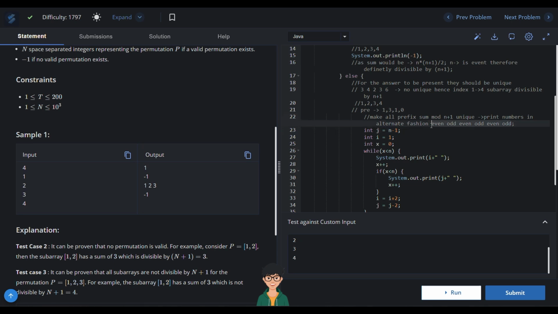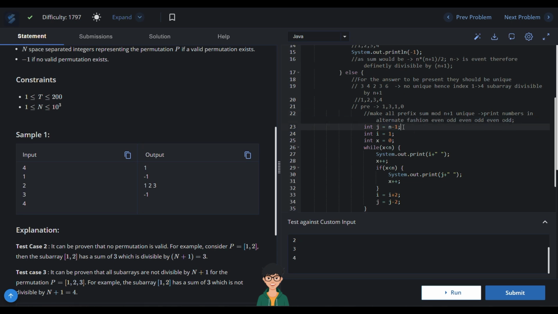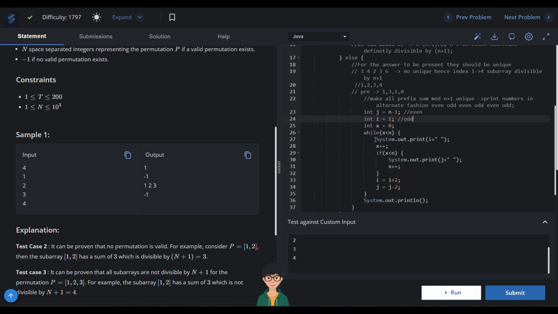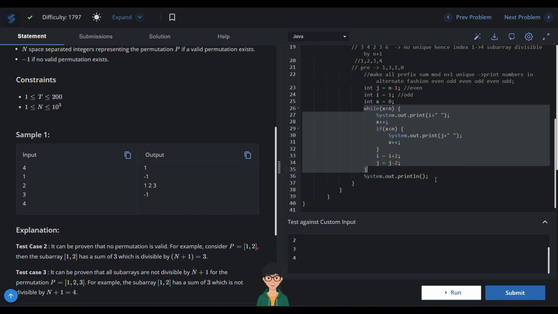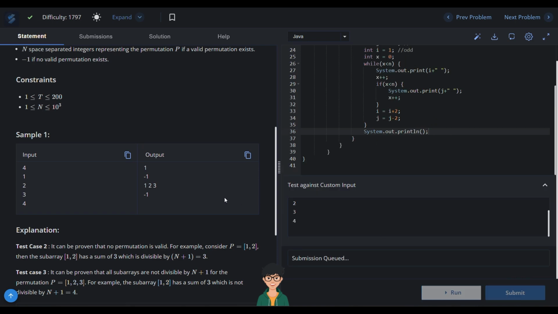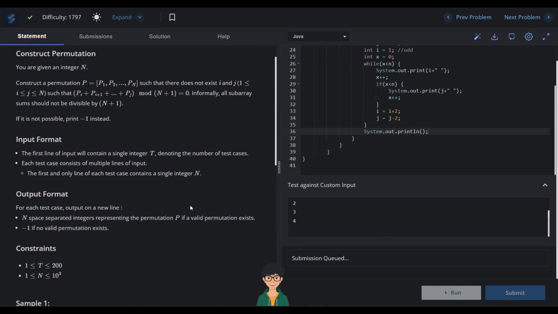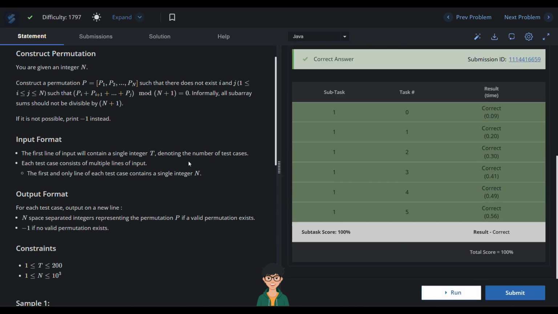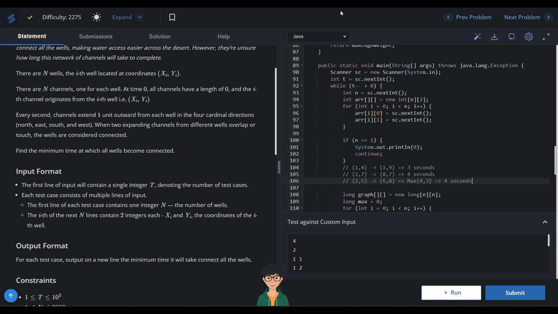Here j is for even and i is for odd, and I have written the code to print it in even odd fashion. And at last, in the next line, let's try to submit it. It's getting accepted.